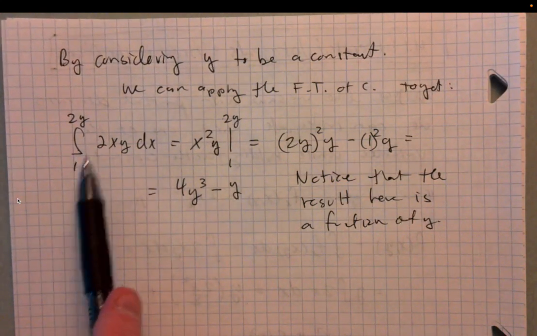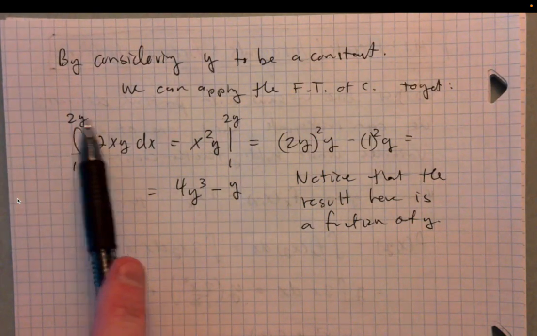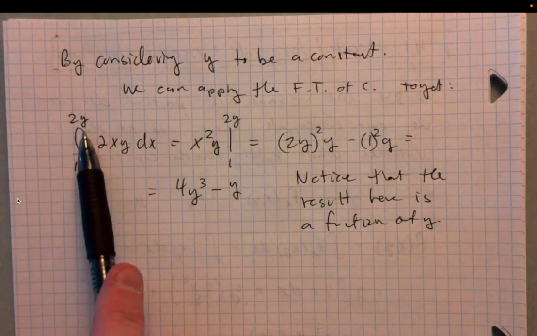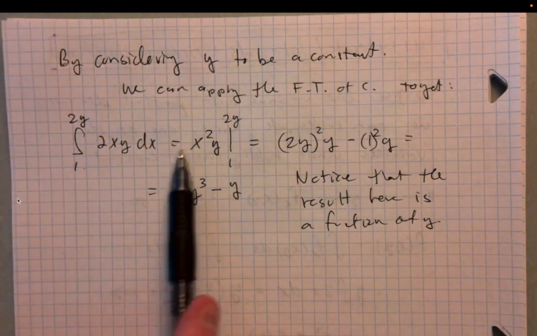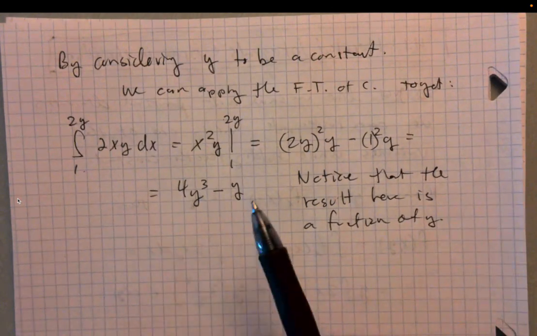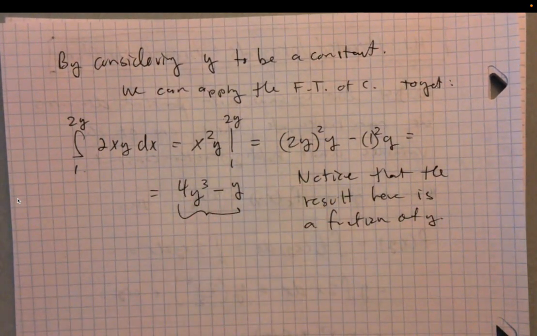Now what we did in this example is we had a constant as the lower limit of integration, but we had a function of y as the upper limit. And when we do this, just in the normal way we treat definite integrals, what we see is that the result is a function of y.